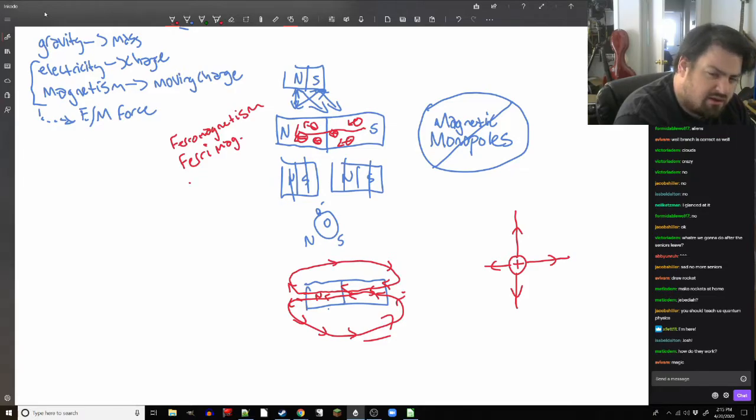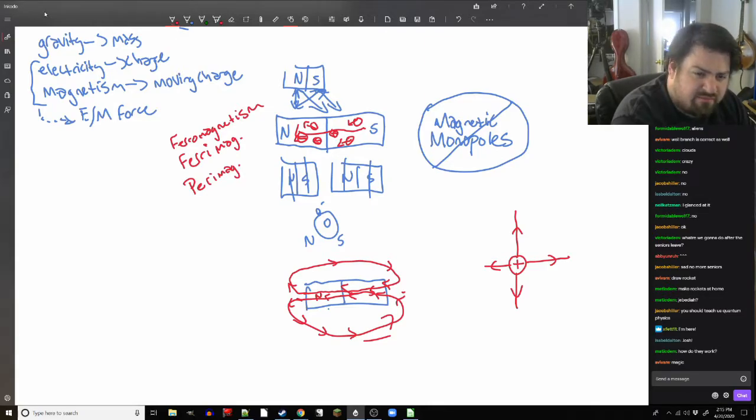It's called, I think it's paramagnetism, where all the domains are aligned parallel to some external magnetic field. So if you stick a bar of metal into some strong magnetic field, they're going to maybe align with that field.